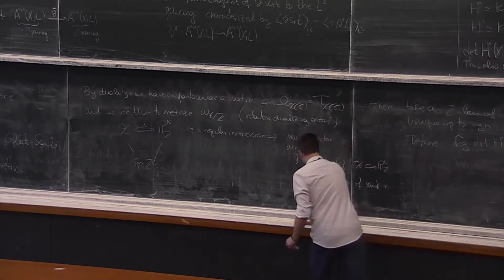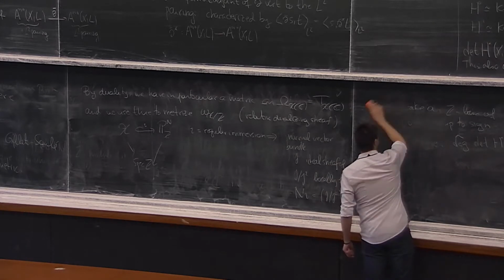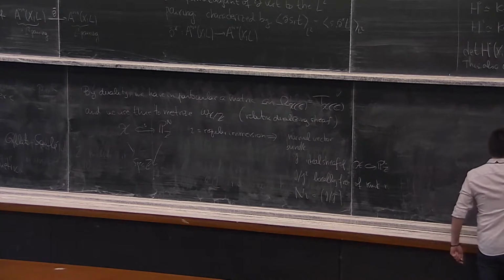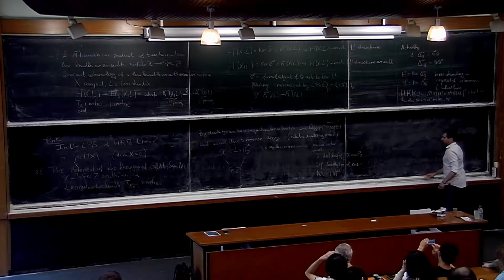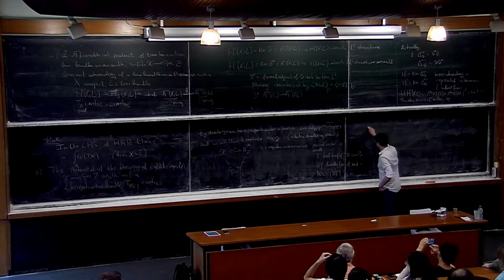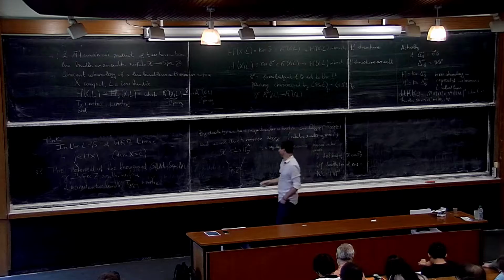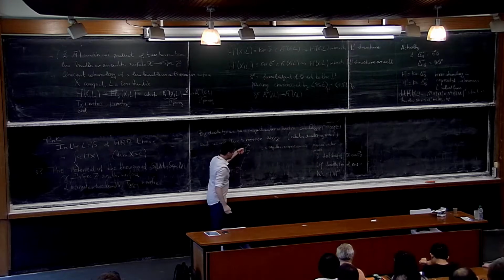So the definition of the dualizing sheaf uses the determinant of this bundle and also uses the determinant of the relative tangent bundle here.